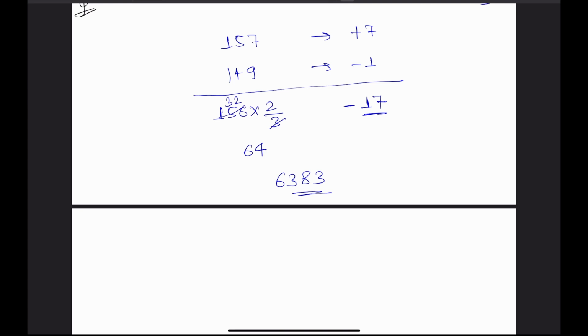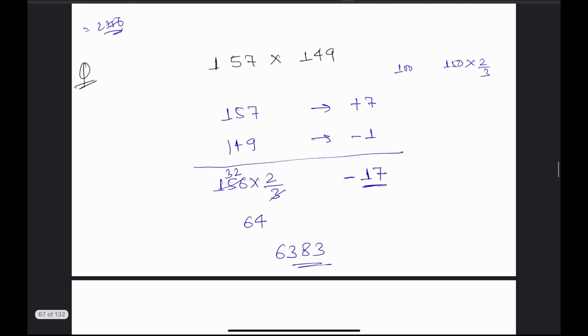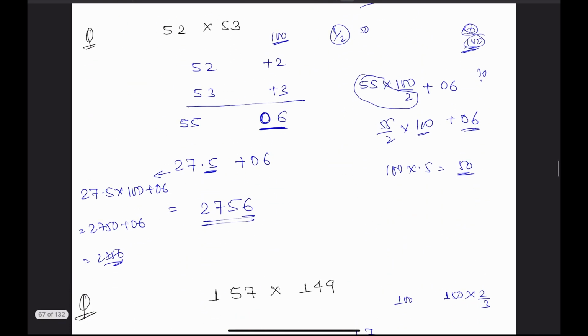But this is wrong. Let's just check what we have done. I made a conceptual mistake again. This is half. It's 100 into what should be multiplied to make it 50, or in the sense it's a multiple of this one, right? So how much do we multiply our base?